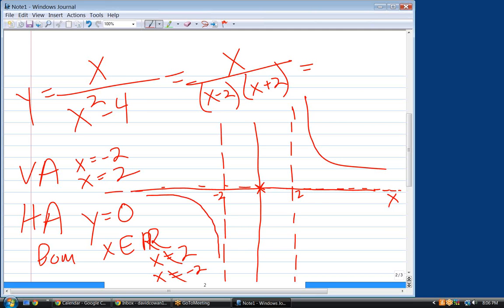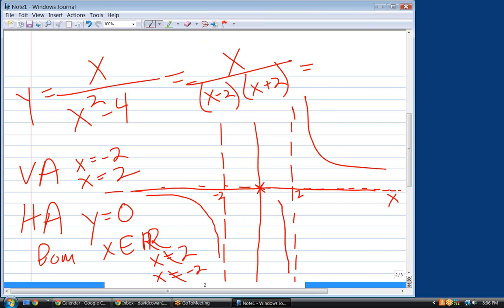Yep. Okay. Now that kind of tells me what's going on in the middle. In other words, I know that the middle doesn't do this. It goes through that point. It doesn't go up and touch it and come back down.